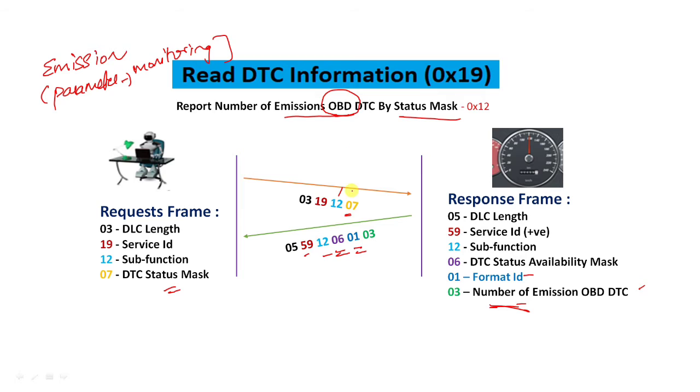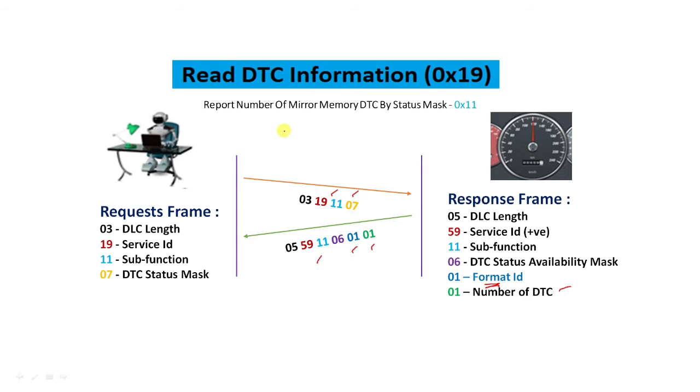So this is a number, and here you'll see the number of mirror memory. Here the emission OBD DTC is in mirror memory. So what is mirror memory literally? Mirror memory is like the mirror in our day-to-day life: if you stand in front of the mirror, as soon as you leave, your image disappears. But mirror memory is not like that.